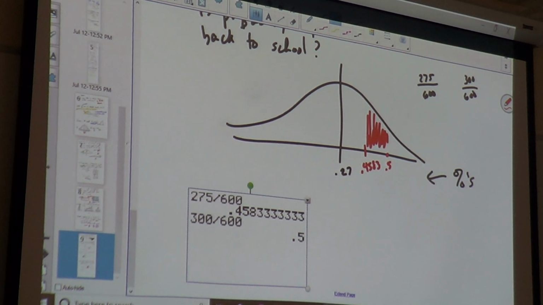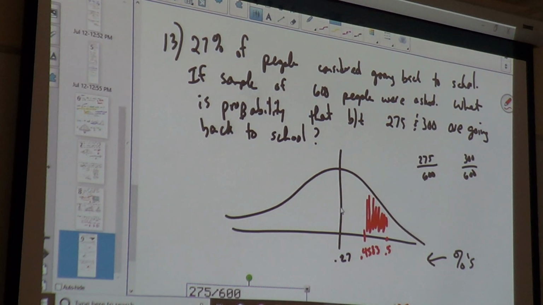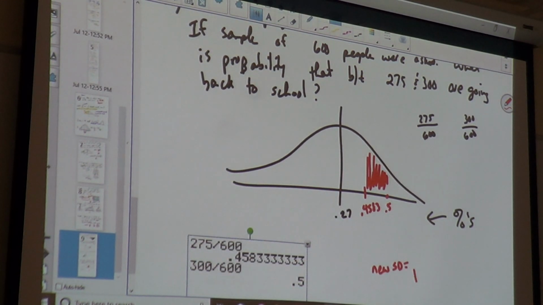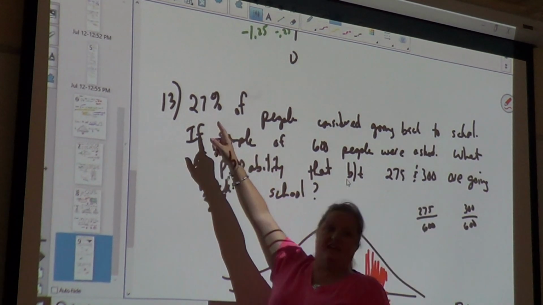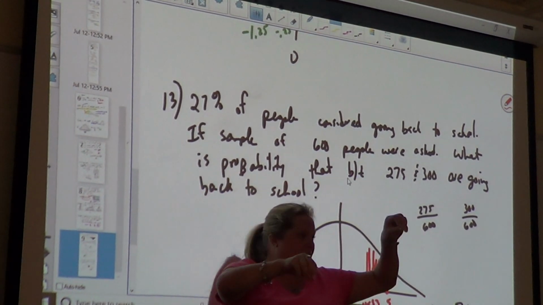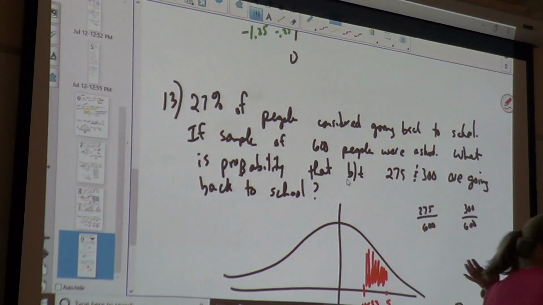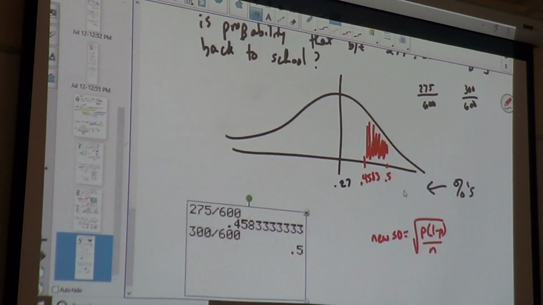Now, how do I get my standard deviation? My new standard deviation is going to be the whole standard deviation divided by the square root of n. But because we're dealing with P, it's going to be P times 1 minus P over N. This is where that practice is going to get you.